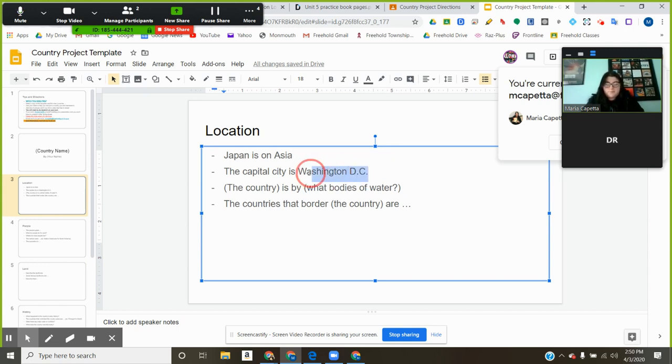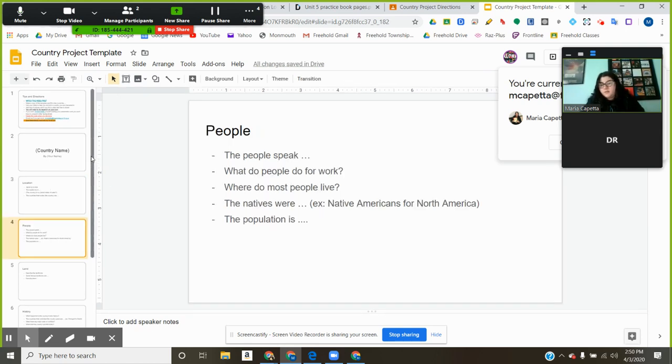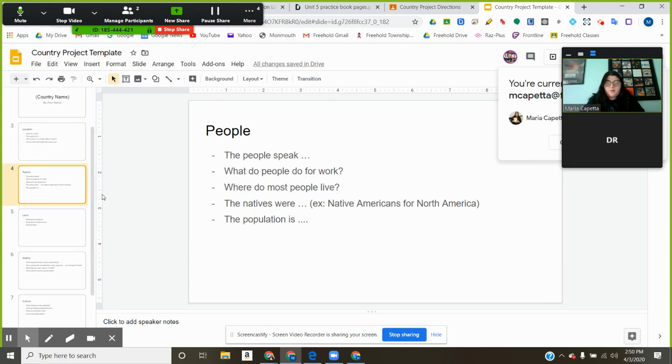Okay, right? And then you'll do that for the people. You'll talk about in Japan, people speak Japanese. What do they do for work? Things like that. This you don't need to do. The natives were because the natives are Japanese people.